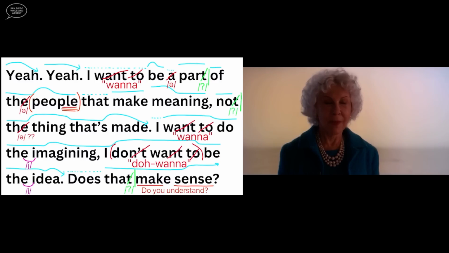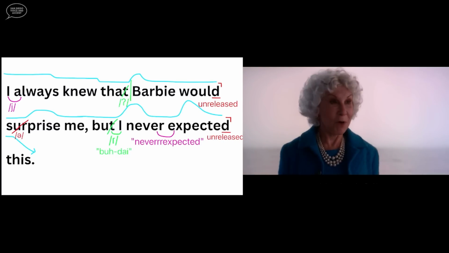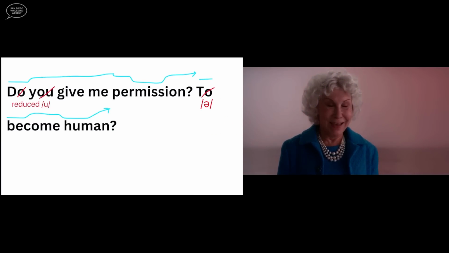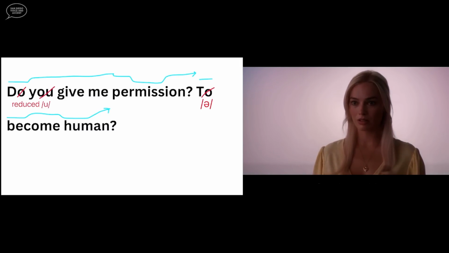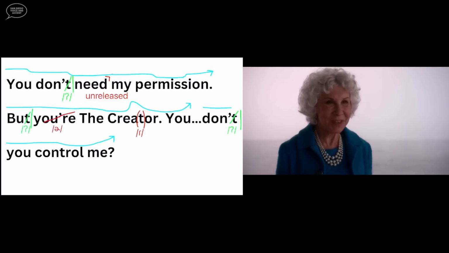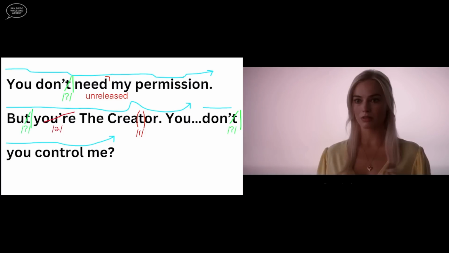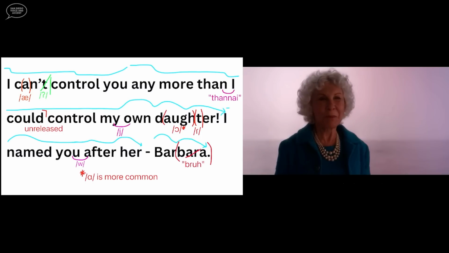Does that make sense? I always knew that Barbie would surprise me, but I never expected this. Do you give me permission to become human? You don't need my permission. But you're the creator. Don't you control me? I can't control you any more than I could control my own daughter.